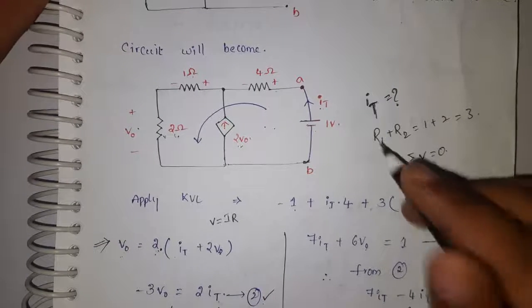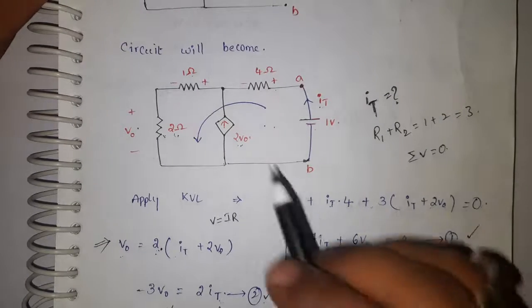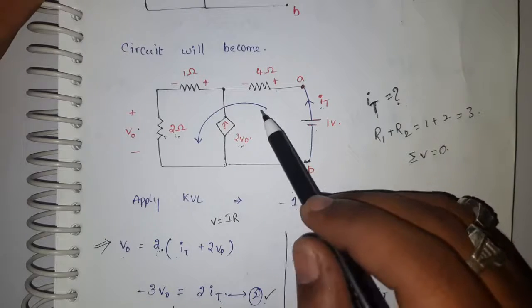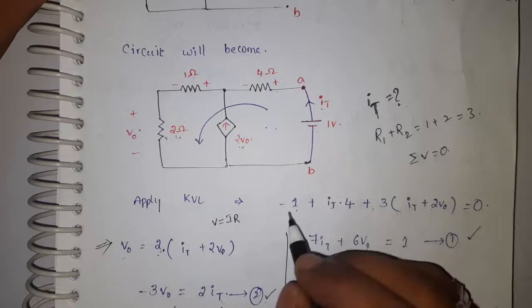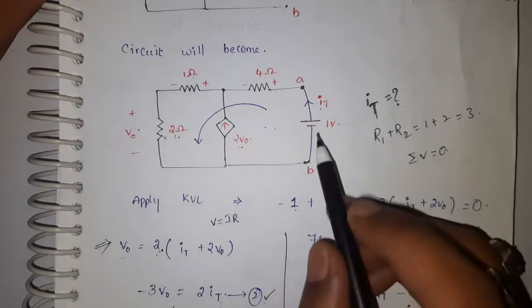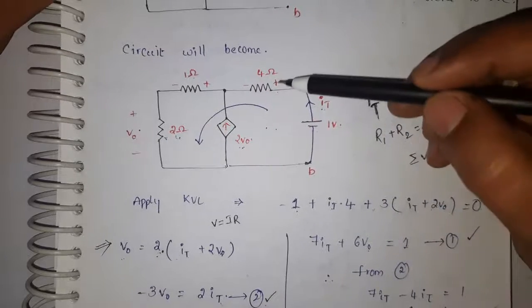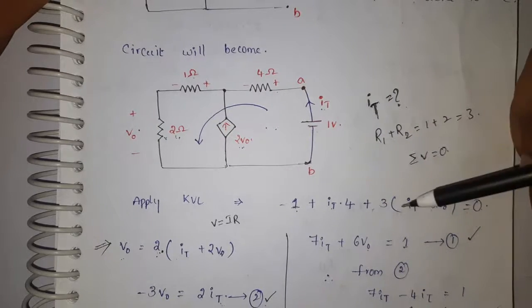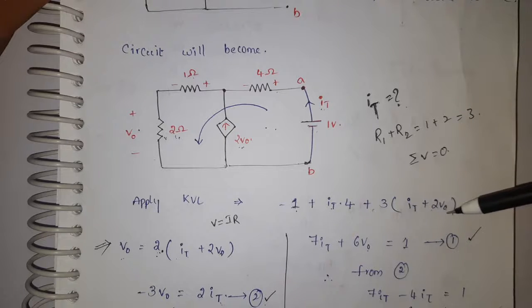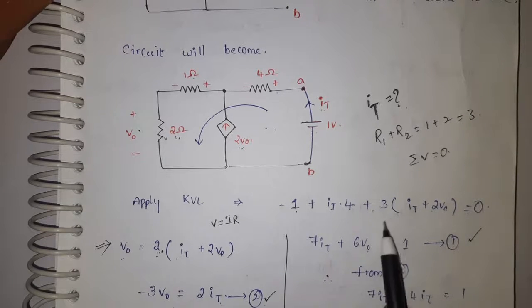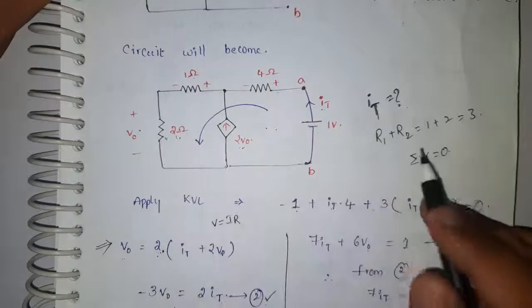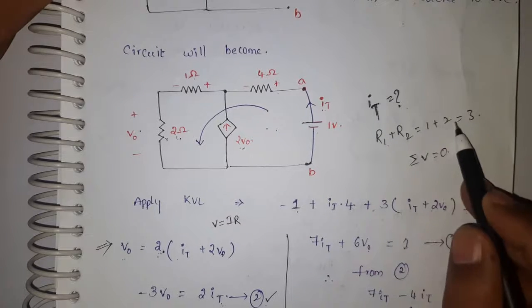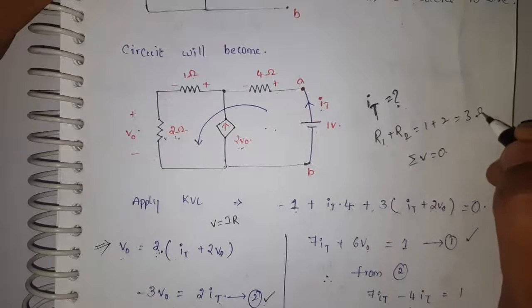So we are going to find IT, and let us apply KVL in this particular loop. Starting from here: minus 1 volt minus 1 plus 4 ohm into IT plus 3 into IT plus 2V0 equal to 0. How did we get this 3 into IT plus 2V0? These two are in series, so R1 plus R2, 1 plus 2, is 3, the total resistance of this branch.